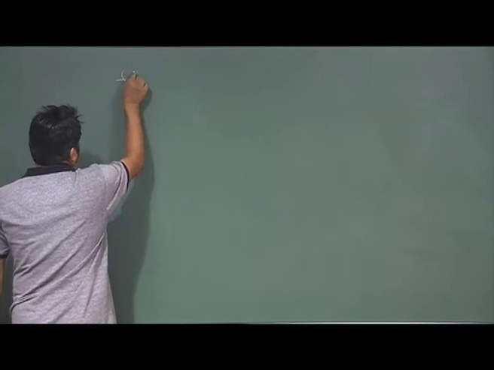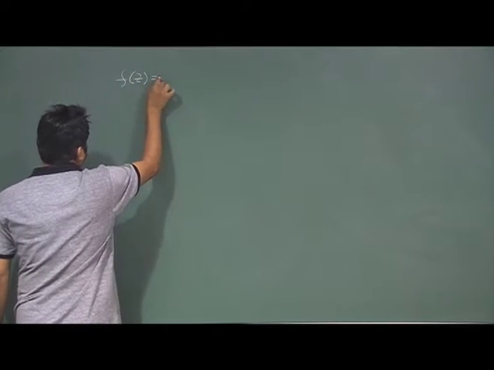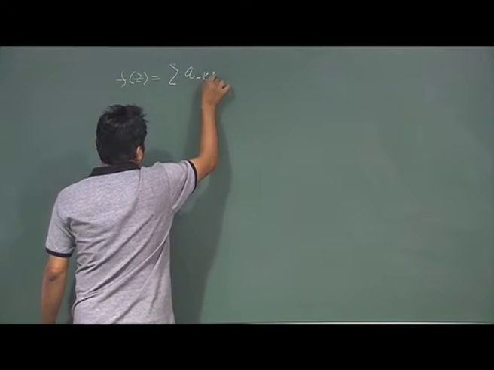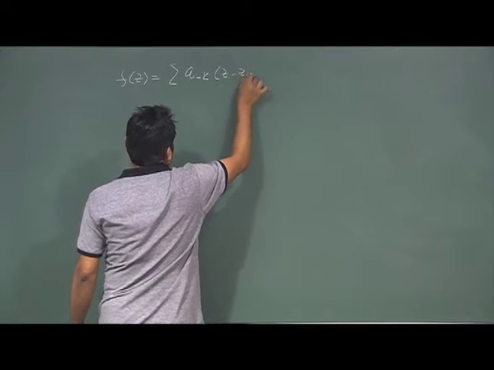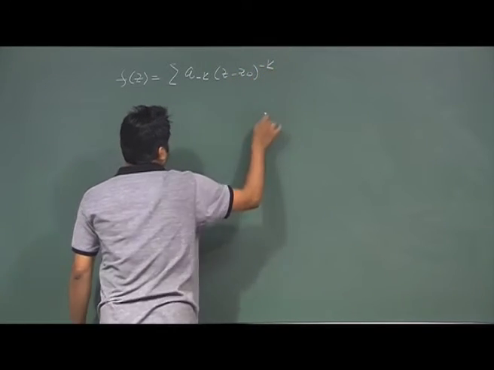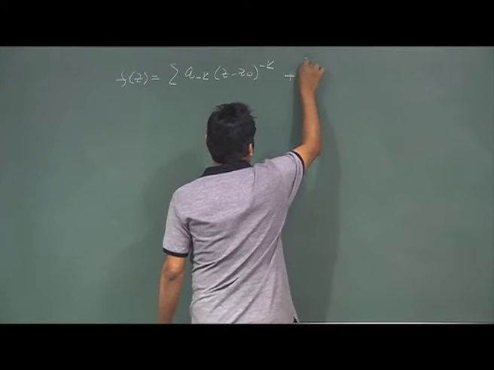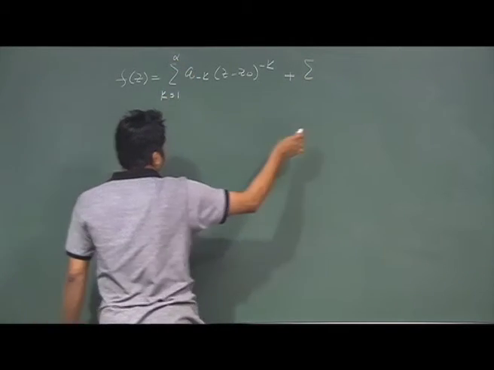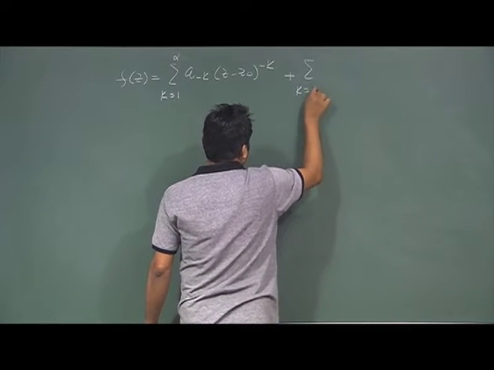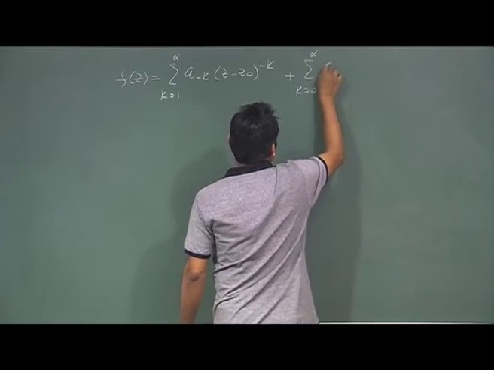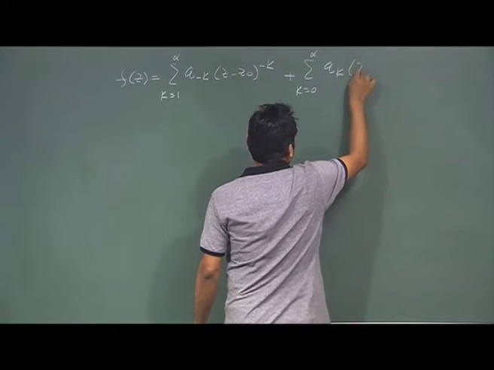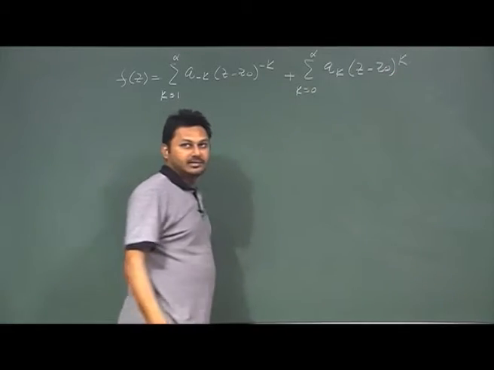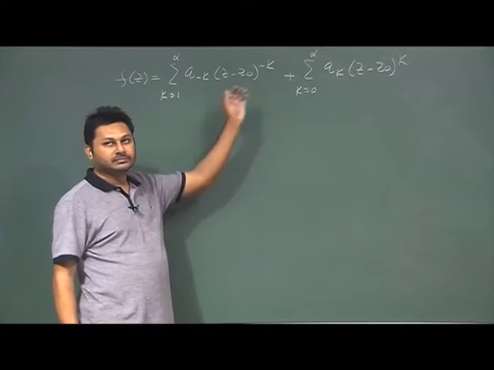Let me write f(z) in terms of the Laurent series once again: the sum of a_(-k) (z minus z0) to the power of minus k, where k runs from 1 to infinity, that is the principal part, plus the sum of a_k (z minus z0) to the power of k, where k is equal to 0 to infinity. That is the Laurent series that I have in my hand.